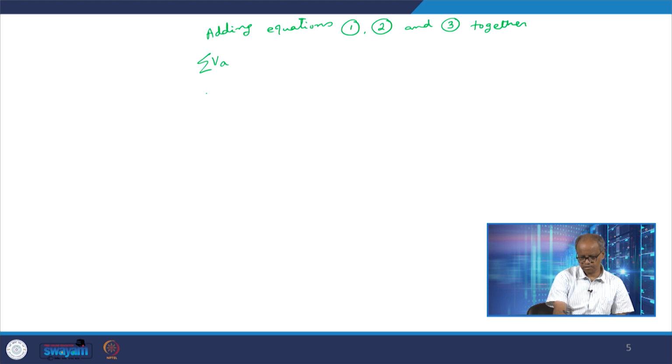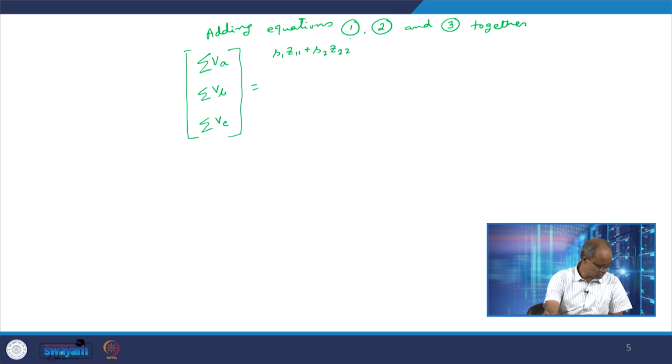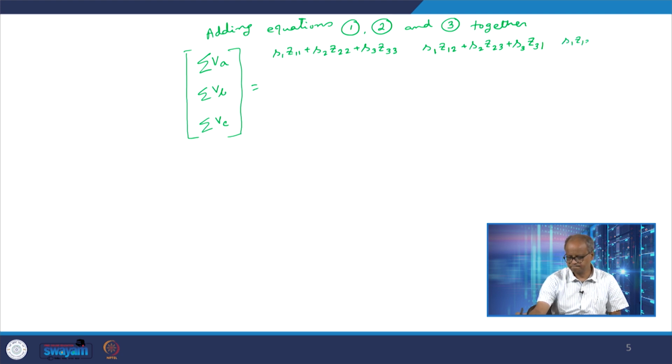I would get VA, VB, VC equal to S1 into Z11 plus S2 into Z22 plus S3 into Z33, and then S1 into Z12, then S2 into Z23, plus S3 into Z31, and then the last one would be S1 into Z13 plus S2 into Z21 plus S3 into Z32.